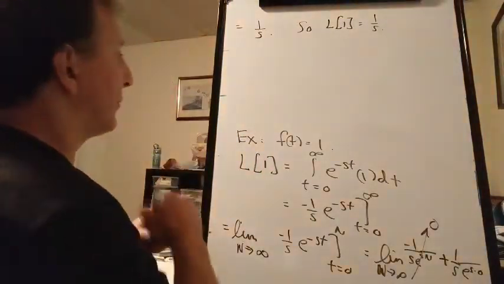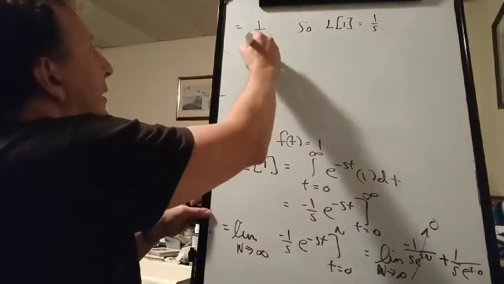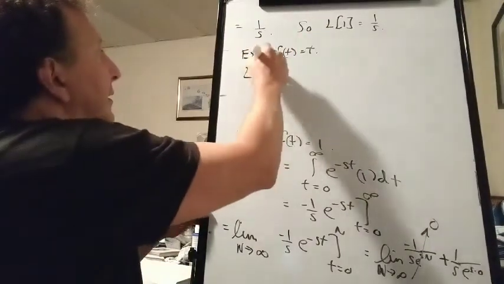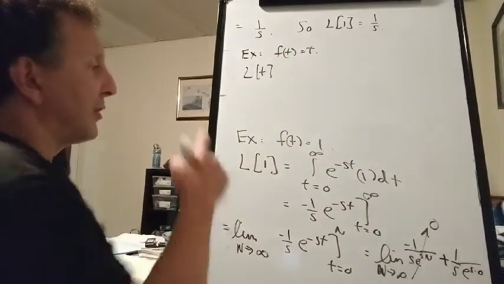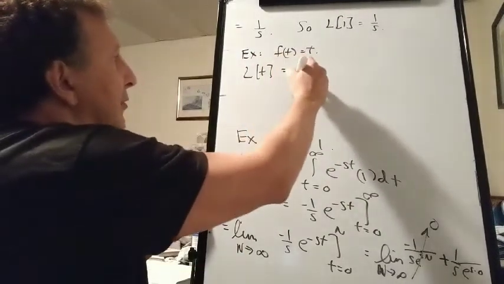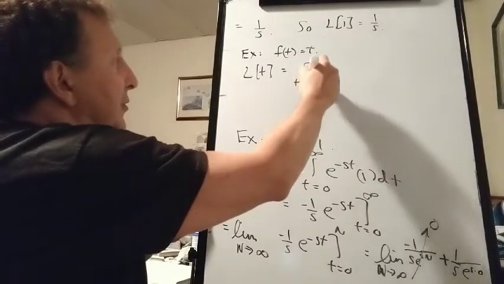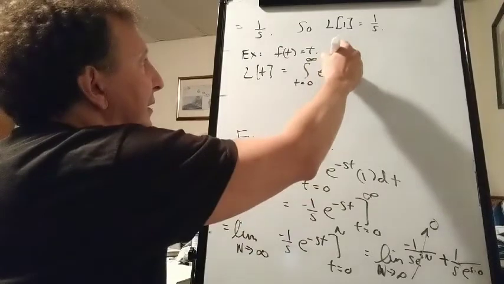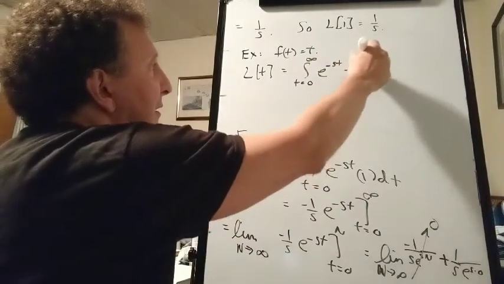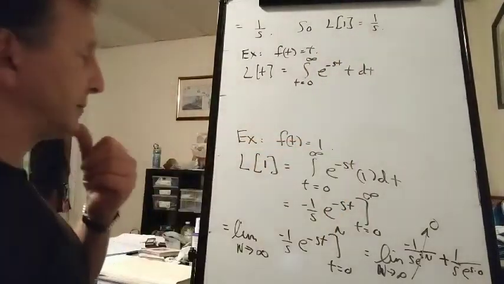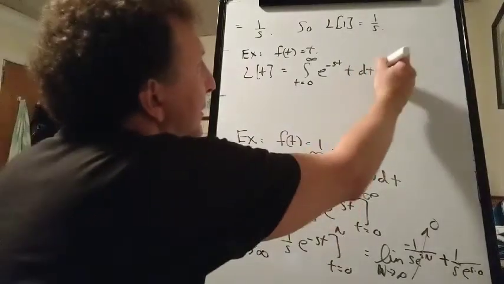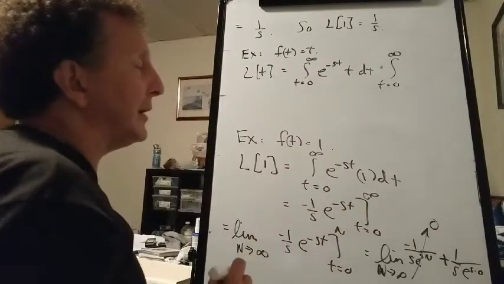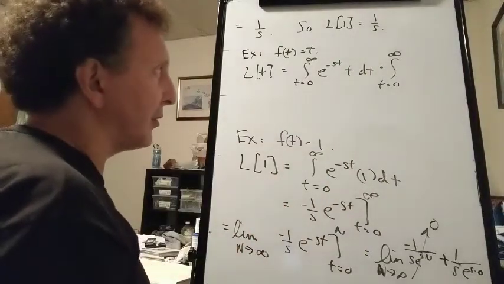Let's do another example. f of t equals t. The Laplace transform of t is the integral as t goes from 0 to infinity of e to the negative st times t dt. Now we need integration by parts to do this.